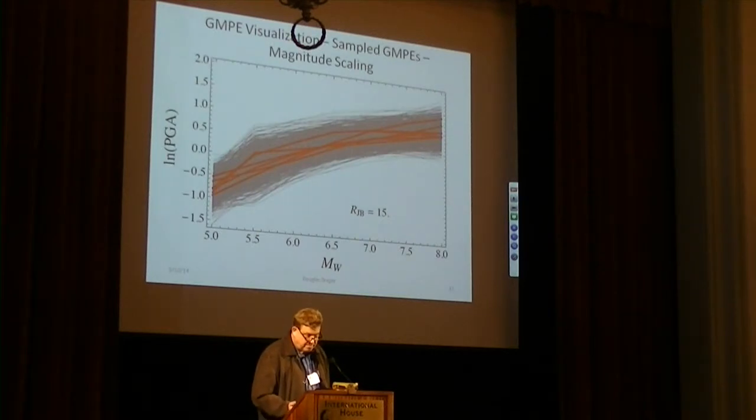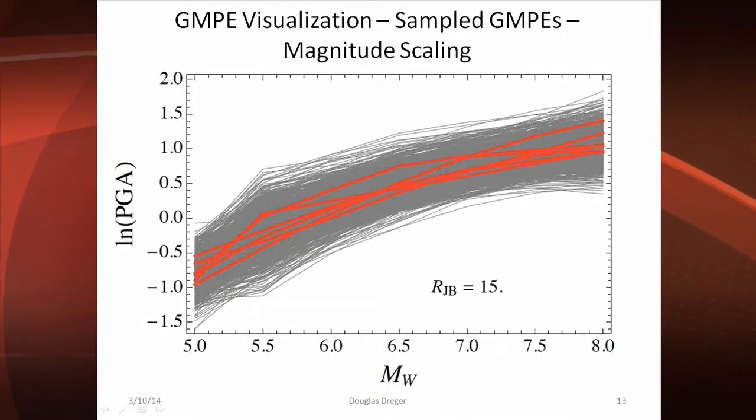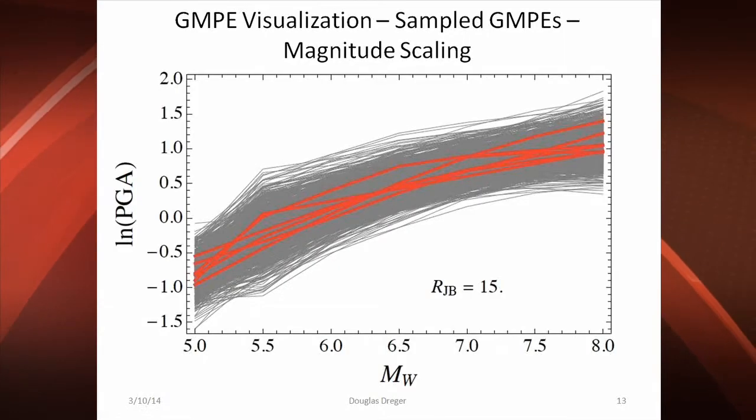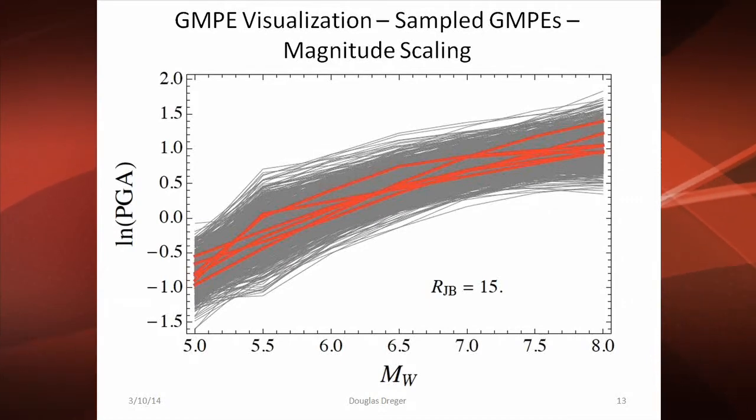And maybe an easier way to think about this is when you're looking at the magnitude scaling, for example, at a distance of RJB equals 15 kilometers. Then what we have is a distribution of these GMPEs, and plotted for reference are the 7 GMPEs that went into developing this correlation structure between the models.